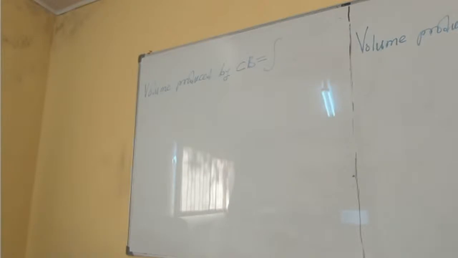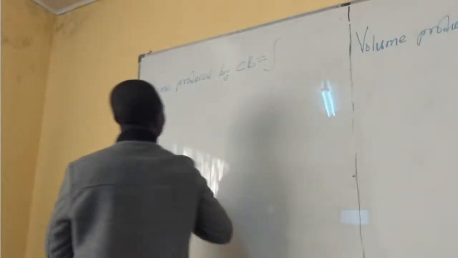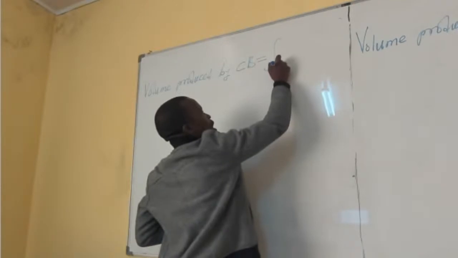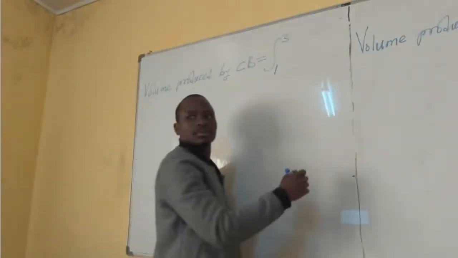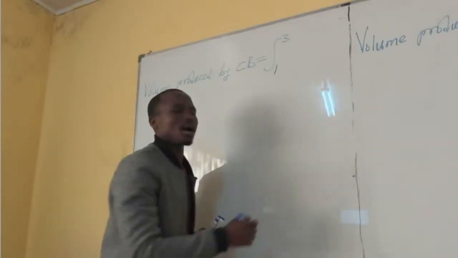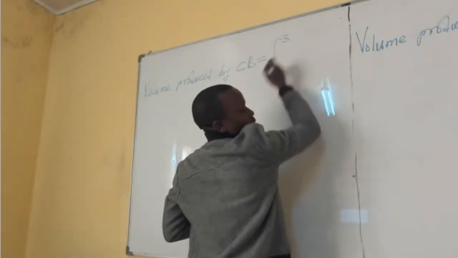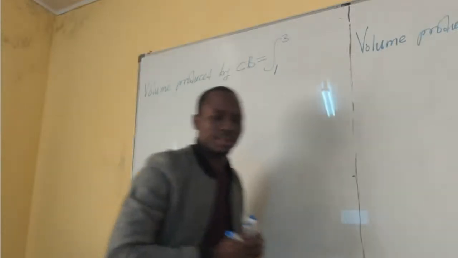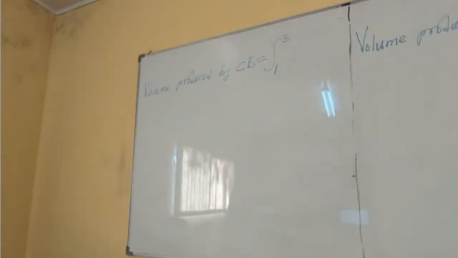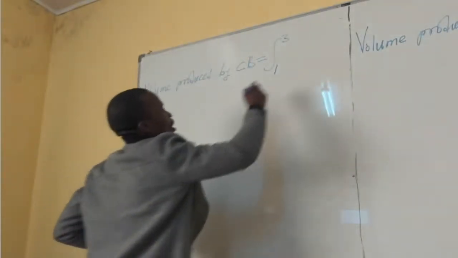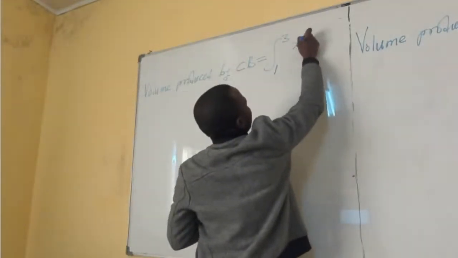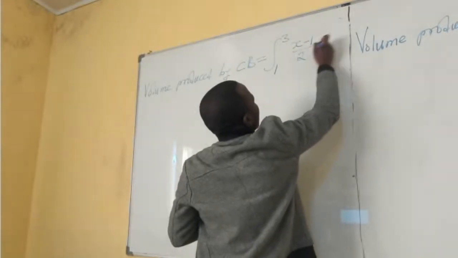So what I'm supposed to have is from 1 to 3 of x. Oh, let me check the function. So we have from 1 to 3, our function was (x minus 1) over 2.